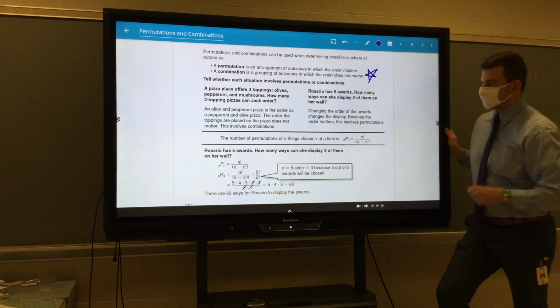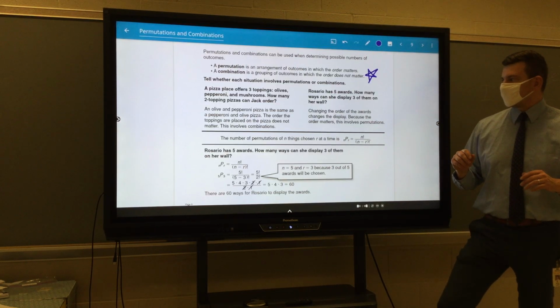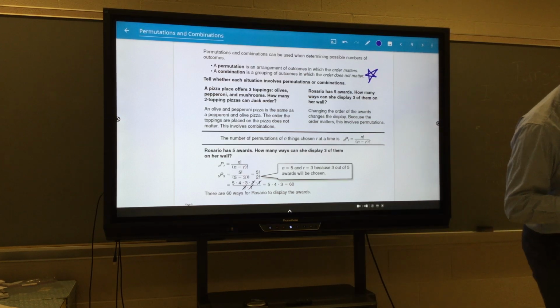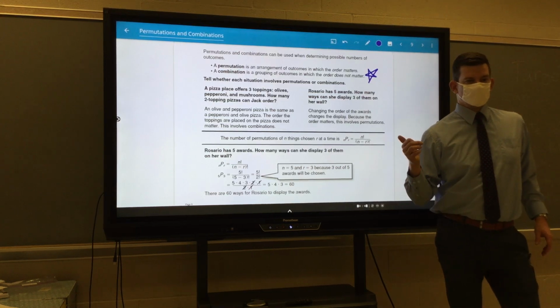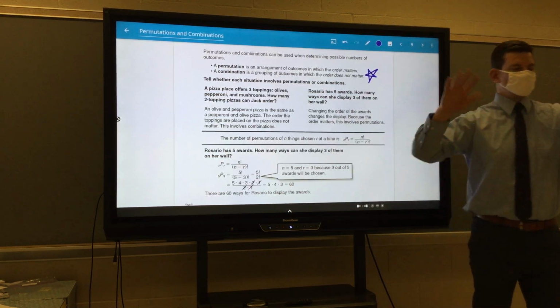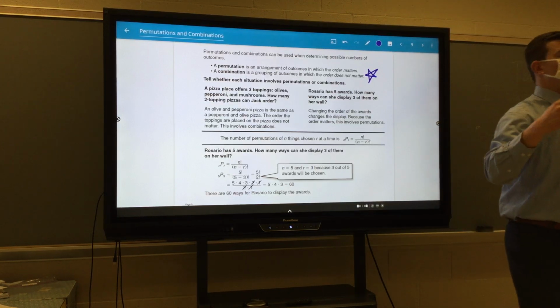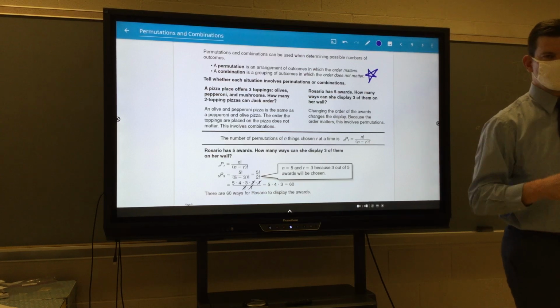Now, this one: Rosario has 5 awards. How many ways can she display 3 of them on her wall? Well, the order does matter here. Let's say that she's running races and she has some first place, some second place, some third place awards. There are differences between these.